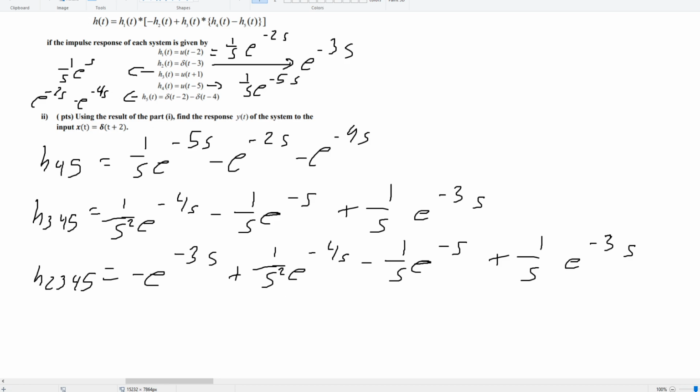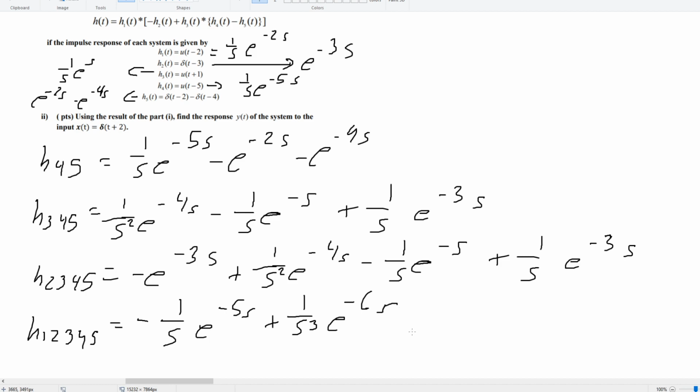The answer is going to be h1, 2, 3, 4, 5 is equal to negative 1 over s e to the negative 5s plus 1 over s cubed e to the negative 6s, minus 1 over s squared e to the negative 7s plus 1 over s squared e to the negative 5s.